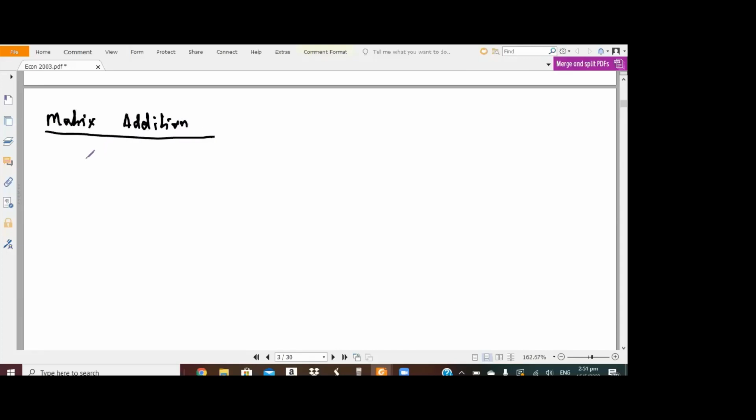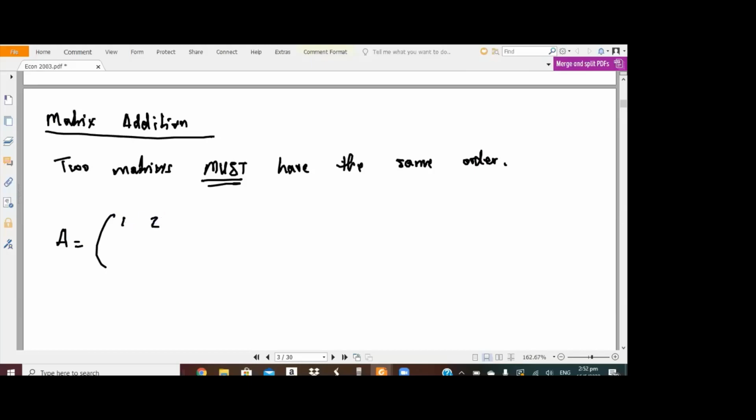Matrix addition is only possible under one condition. The two matrices that we're adding absolutely must have the same order. So if I have a matrix A, and let's say A is 1, 2, 3, 4, as we had from before, right?